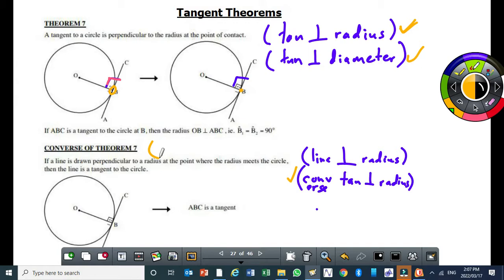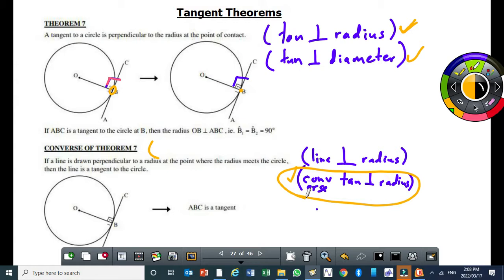If a line and a radius are perpendicular, then you can say that the line is a tangent to that circle. Okay? And the acceptable reason generally for this one, we can write line perpendicular to radius, which is not my favorite. My favorite is converse tan perpendicular to radius. But if you write line perpendicular to radius, it's also acceptable.